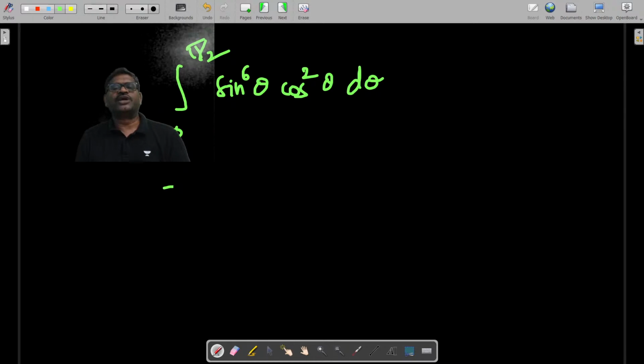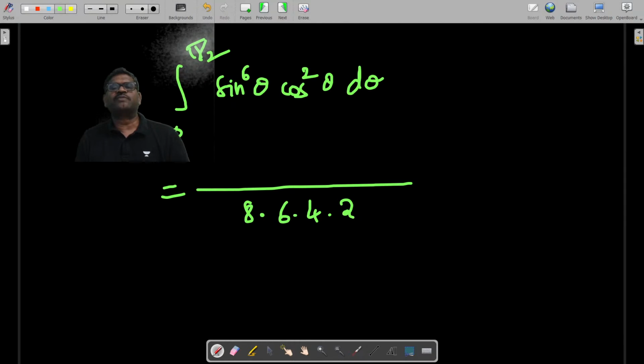Now you can apply Wallis rule. The denominator starts with 8, 6, 4, 2 for power 6. Therefore the numerator starts with 5, 3, 1. Here the power is 2, therefore 1. Both the powers are even, therefore pi by 2 will come.